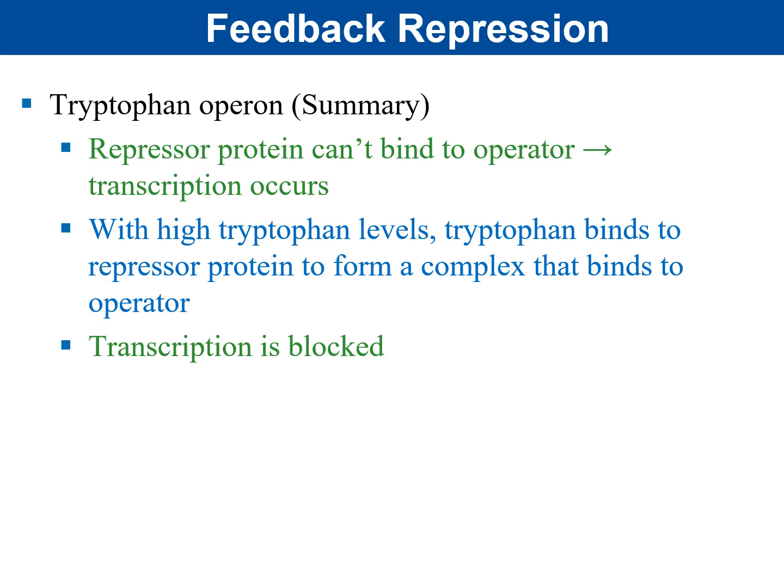But when enough tryptophan gets made by allowing the tryptophan operon to operate until more than enough tryptophan has been made, then the tryptophan levels will build up to the point where that excess unused tryptophan will bind to the repressor protein and form a complex that will bind to the operator region. And what happens is then it shuts down the tryptophan operon, and transcription will be blocked at that point.